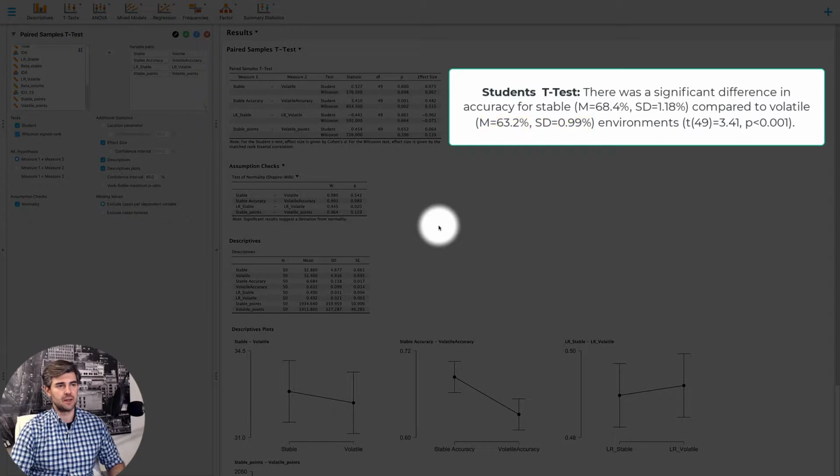And then the t-value we're going to put in to support the significant difference can be seen here. So we have t, brackets, degrees of freedom, equals the t statistic, and then we have p smaller than 0.01.